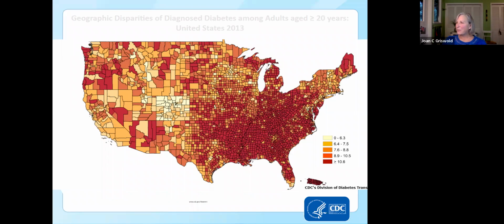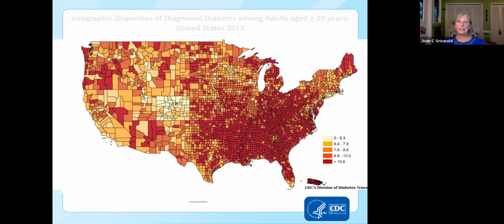When you look at a map like this and you see that there are different rates of type 2 diabetes, or this is actually diabetes as a whole, but a very large percentage of all diabetes diagnoses are type 2 diabetes, you see that there are geographical differences, things that can't be explained.